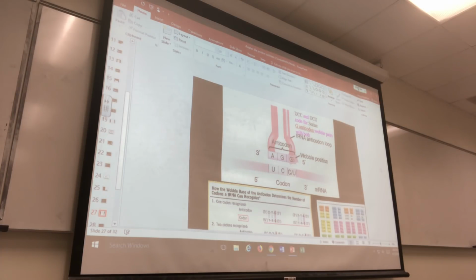The reason is, how many possible combinations do you have of 3 bases at a time? 64. How many of those, most of the time, actually code for an amino acid? 61. But there's only 20 amino acids, so there are way more combinations than there are amino acids. So we have that degenerate code where multiple codons code for a single amino acid.